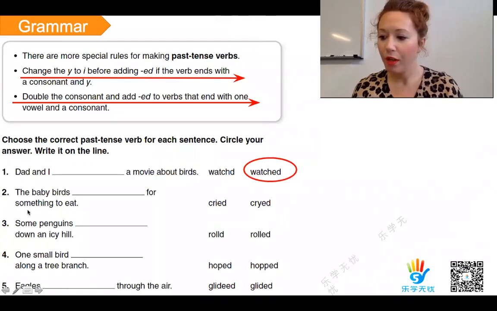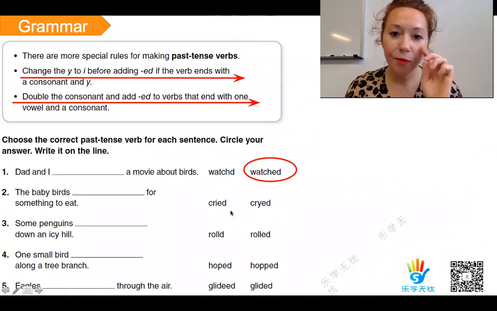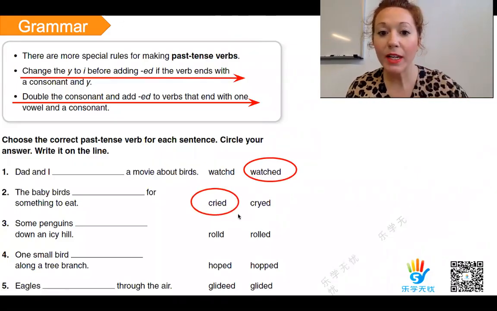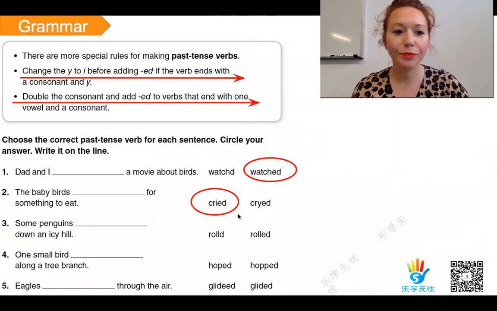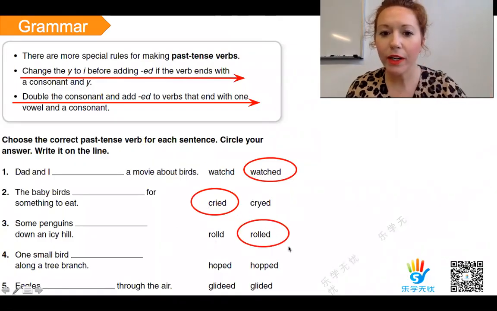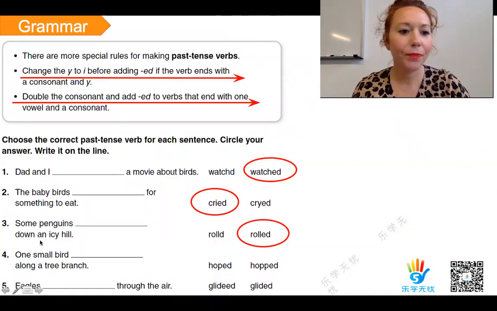Number 2, the baby birds cried for something to eat. Which one's correct? Very good. We need to change the y to an i. Some penguins rolled down an icy hill. Which one should I circle? Rolled. Very good. We need ed.